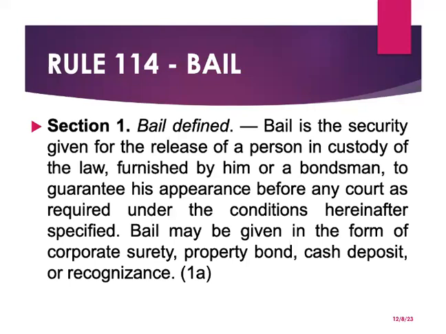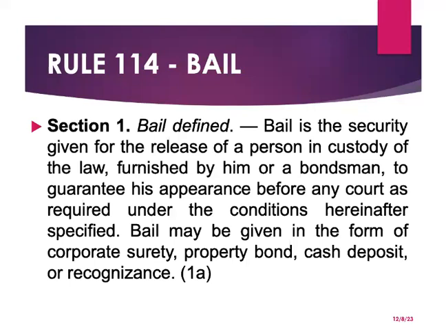Remember, it is the security given for the temporary release of a person who has been arrested but whose guilt has not yet been proven in court beyond reasonable doubt. Okay? The quantum of proof required in criminal cases is proof of guilt beyond reasonable doubt.